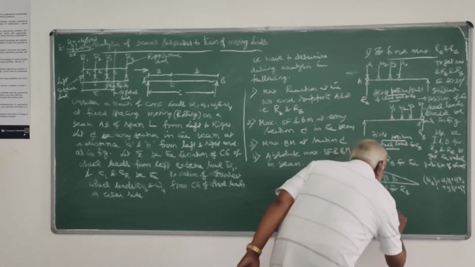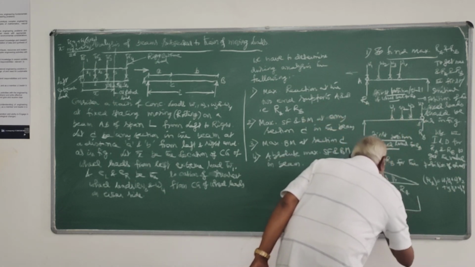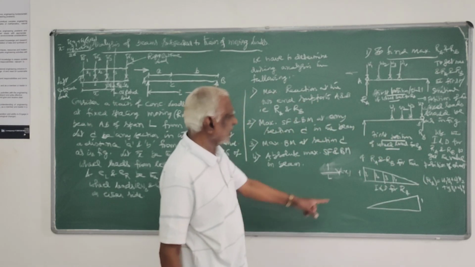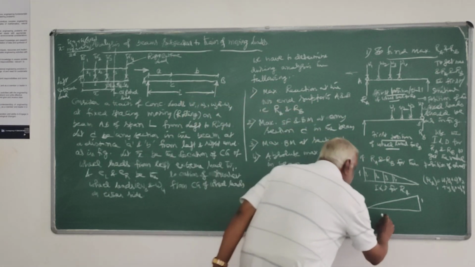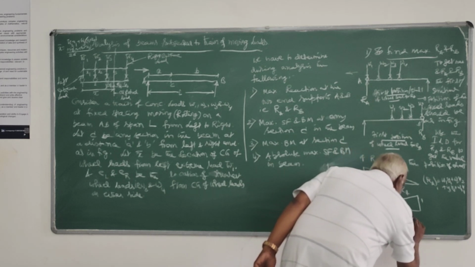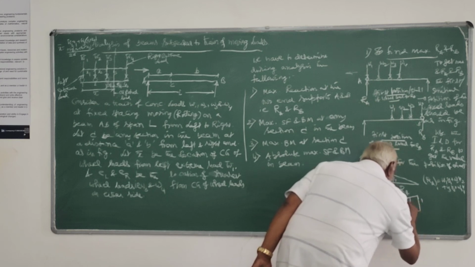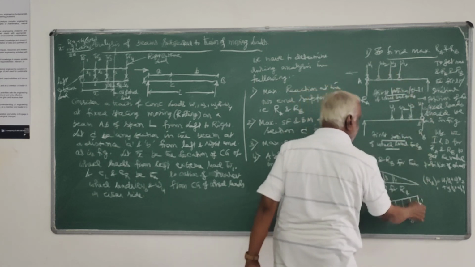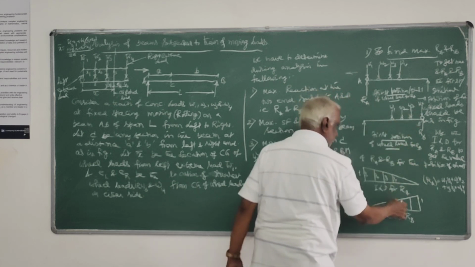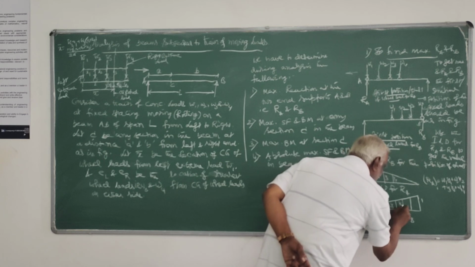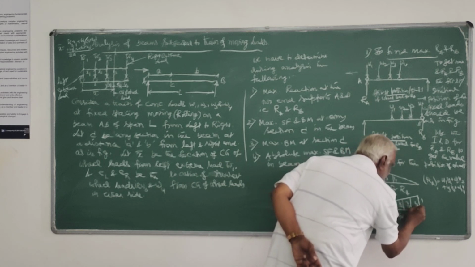Next, you can draw the influence line diagram for RB, which will look like this. For this position of the ILD for RB, you again find the ordinates under W4, W3, W2, W1. You can call these again Y1, Y2, Y3, Y4.